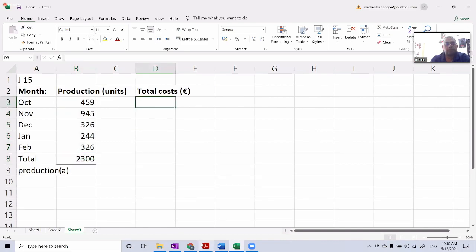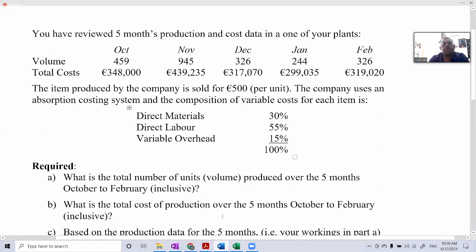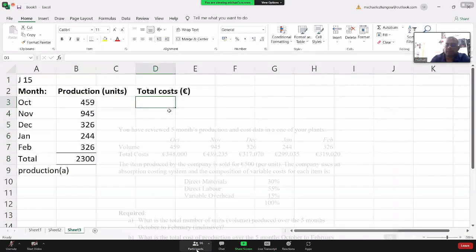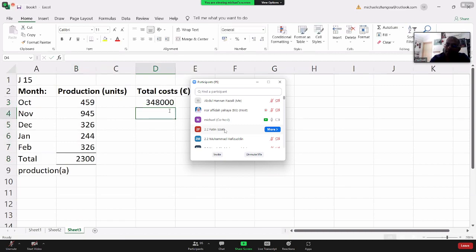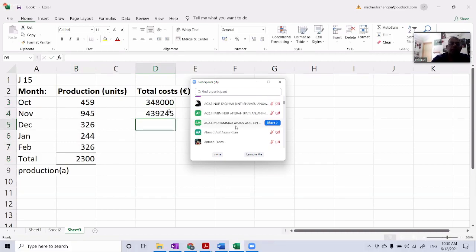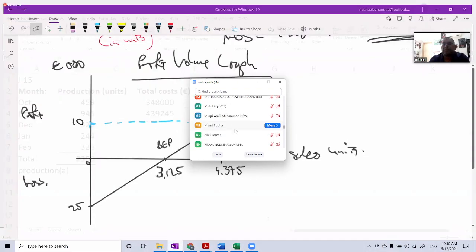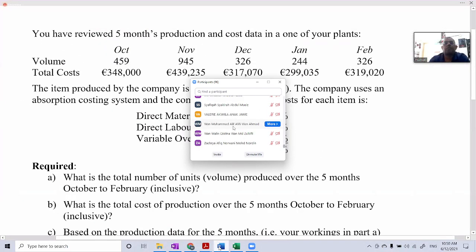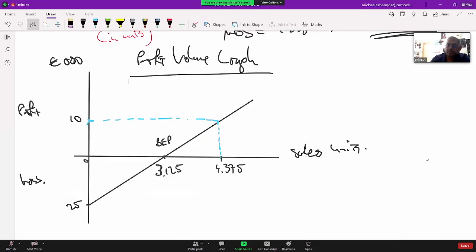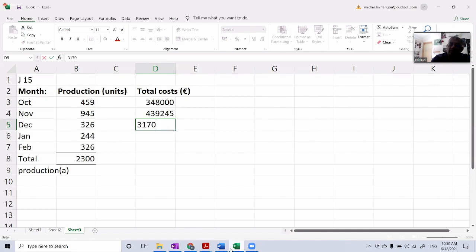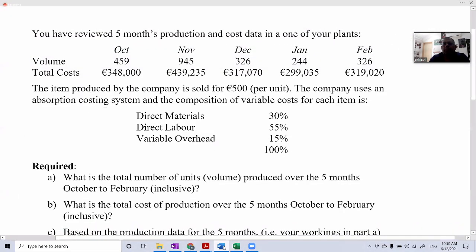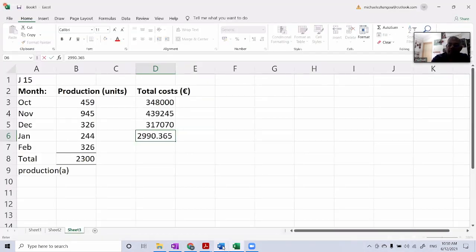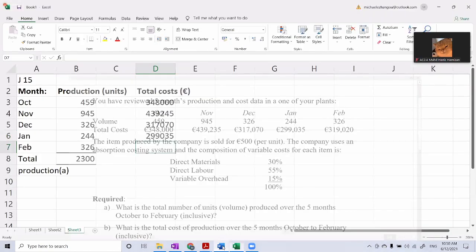2,300 units. Total cost is 348,439,245, then 317,070, then 299,035 and 319,020.